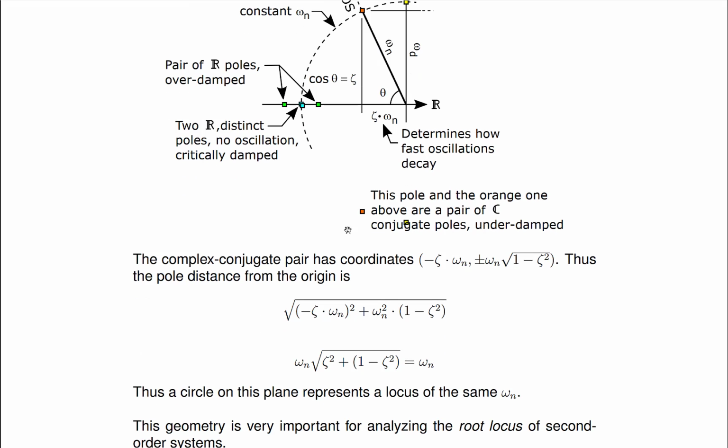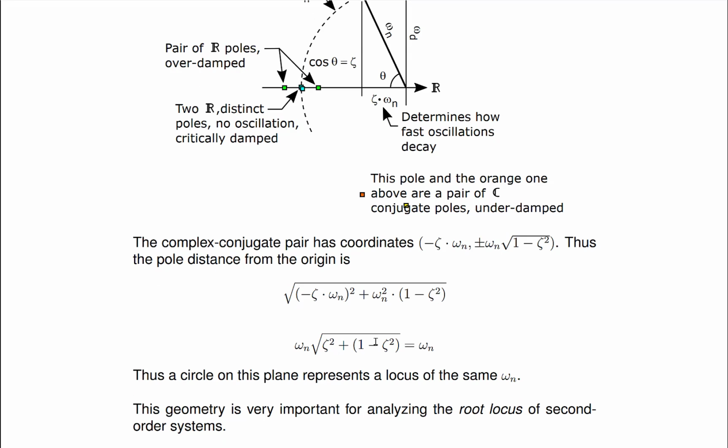So if we use the Pythagorean Theorem to figure the distance of that root out from the origin, we put the real part in here, we put the imaginary part in here, we square both of them and add them. Well, we can do a little bit of manipulation. We have an omega n squared in both terms, so we just simply take the square root of that and put it on the outside of the square root.